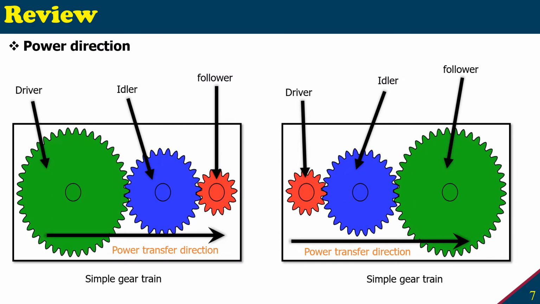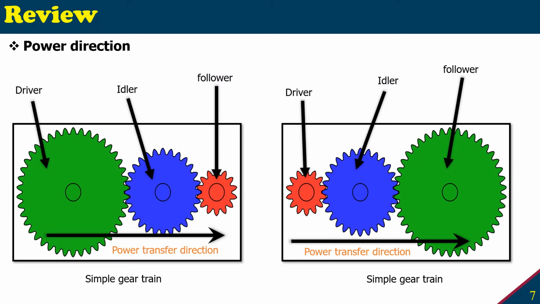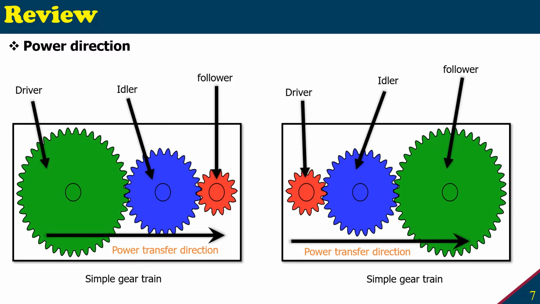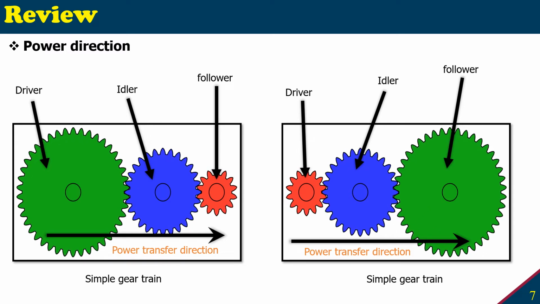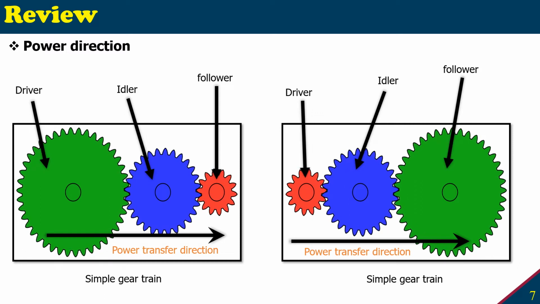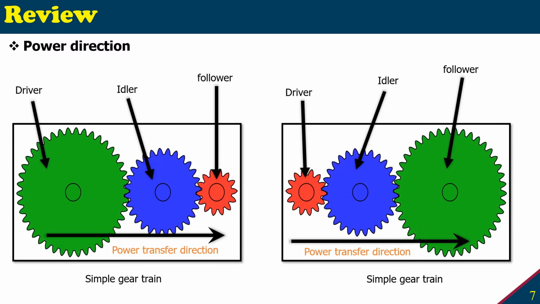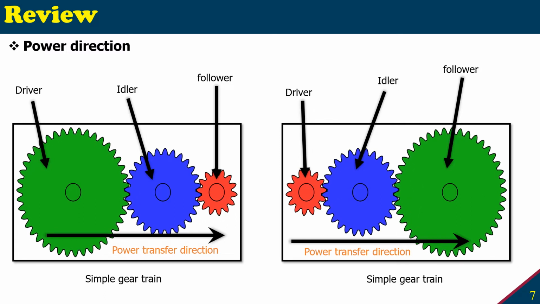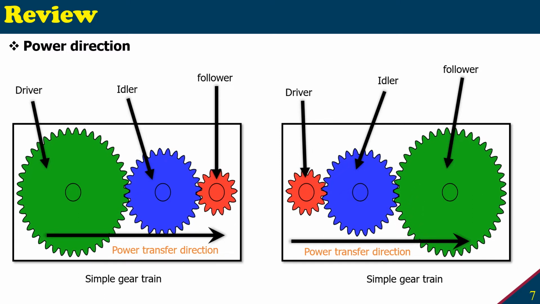Now we're going to talk about the direction of the power transfer. If you see both gear arrangements, they are just mirror opposites of each other. Now the direction of power depends on the driver and follower gears.